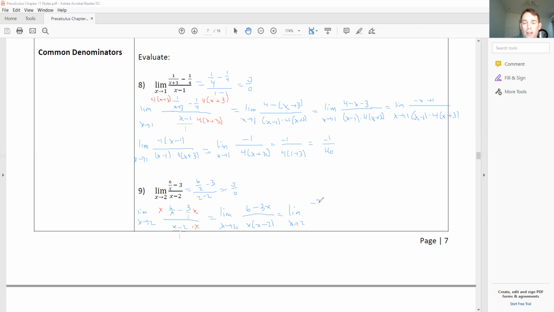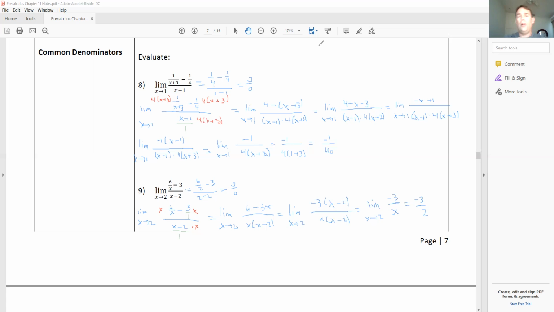So I'm going to factor out my -3, and I have x minus 2 on top, all over x times x minus 2 on the bottom. The x minus 2's would cancel out. I'd be left with -3 over x. So -3 over 2. All right, so now we've got using common denominators to help us evaluate.